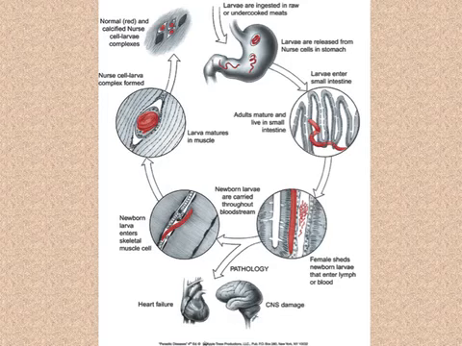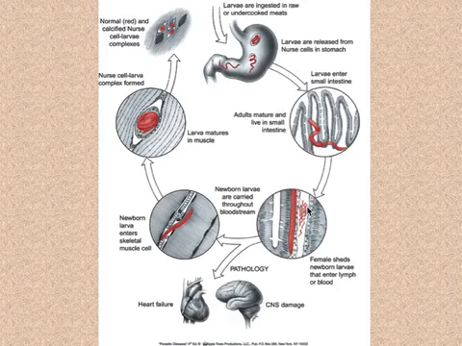So what happens is we eat undercooked meat, pork, or wild game, and the meat isn't hot enough to have killed the parasite. So we ingest this parasite, it goes into our intestines, and there proceeds to have a bunch of babies.